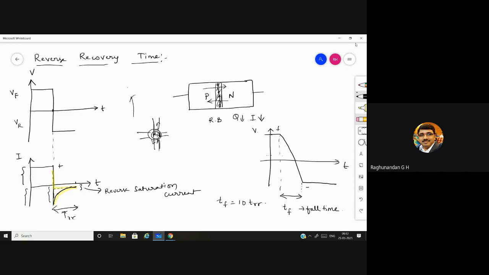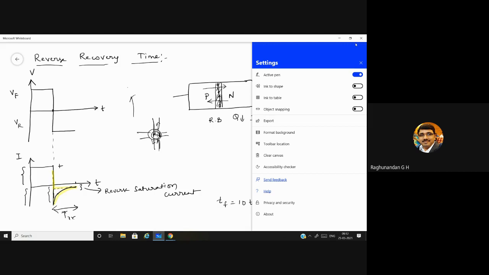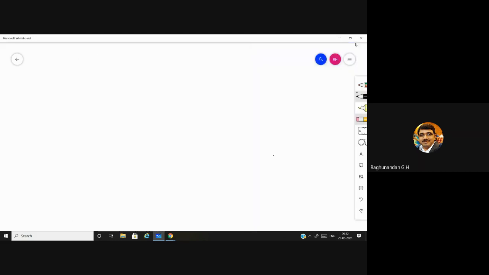After this, the next part is on the applications of rectifiers, applications of diodes. As we know, there are different types of applications: rectifiers, regulators, LEDs, all those things. We are going to discuss them one by one. In this, rectifiers are very, very important, because there are three types of circuits.